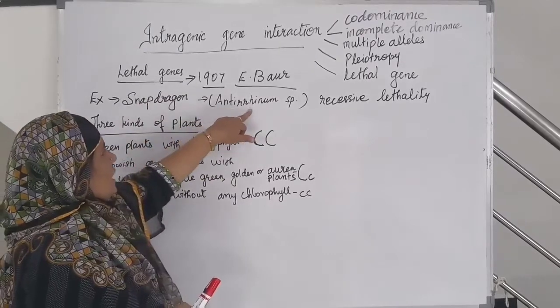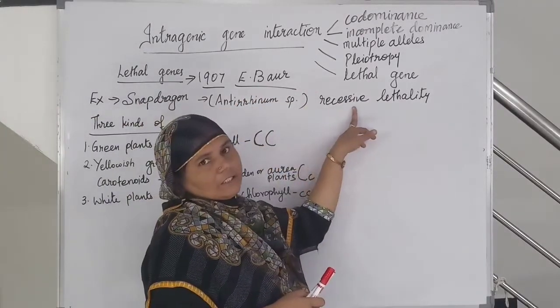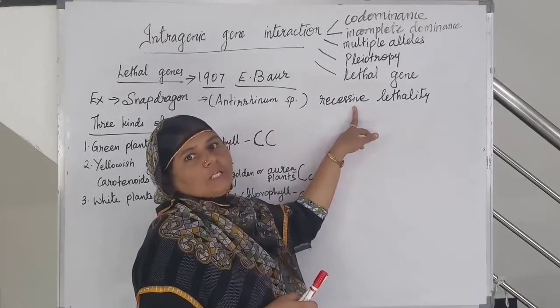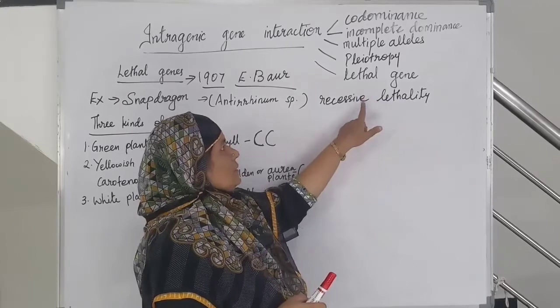Snapdragon or Antirrhinum species. Here recessive lethality occurs, that means recessive genes in homozygous condition cause the death of the plant.